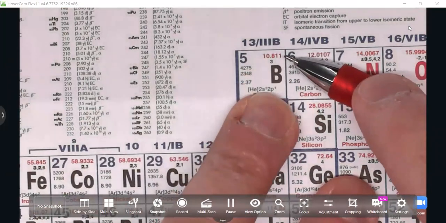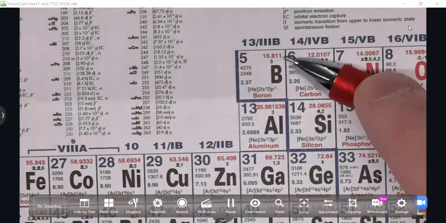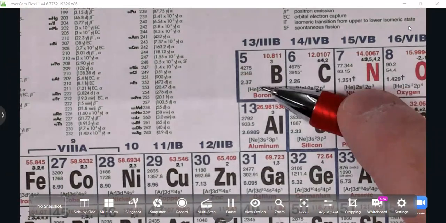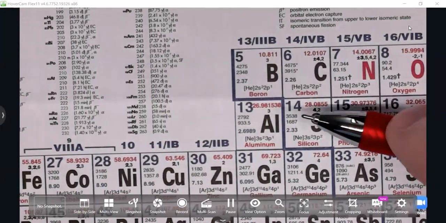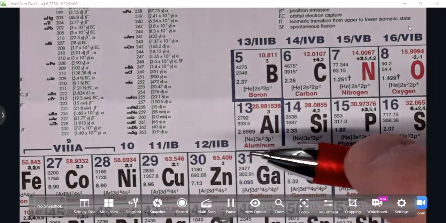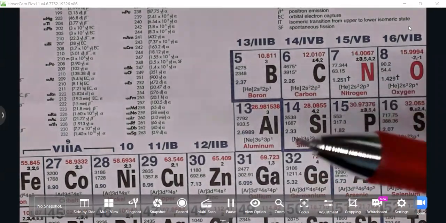And if we use 10.811 grams on here, we have 6.022 times 10 to the 23rd atoms, right? This is a chart where if we use this number in grams, it's all for 1 mole, and 1 mole is 6.022 times 10 to the 23rd atoms.